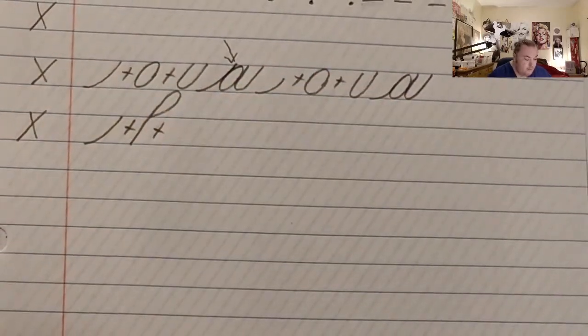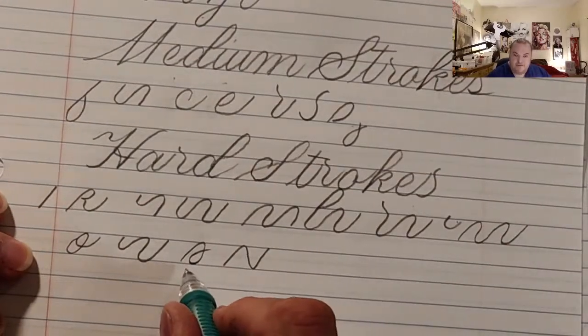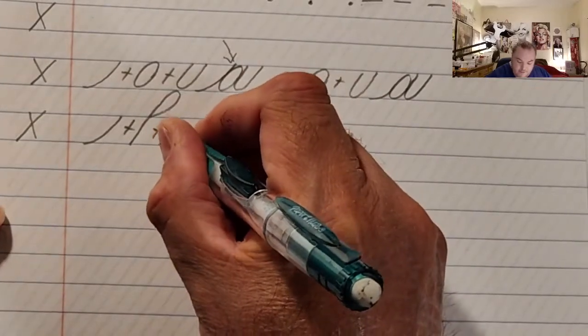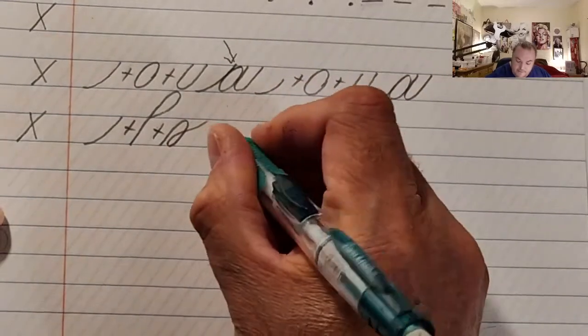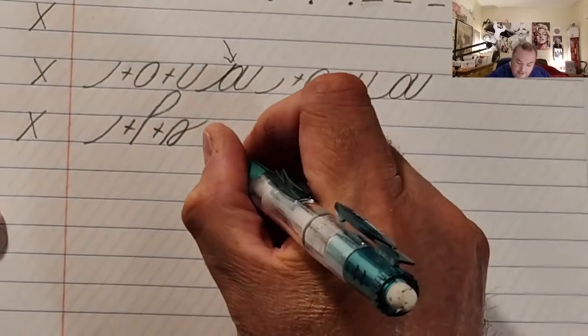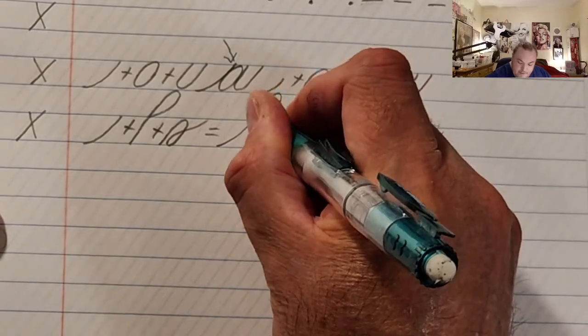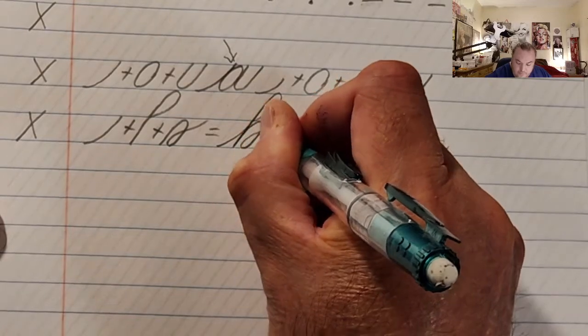Plus, we're going to do this modified reverse oval. Modified reverse oval. And that will look like this. Upstroke, ascending stem loop, reverse modified oval.